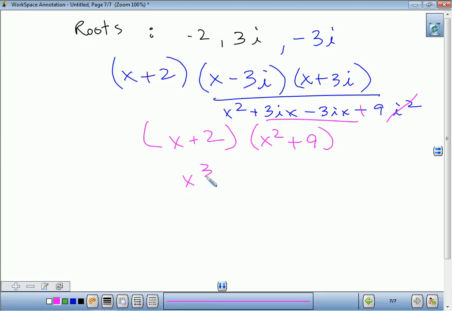Distribute: x cubed plus 2x squared, plus 9x plus 18, yay! So that's for 2A through D.